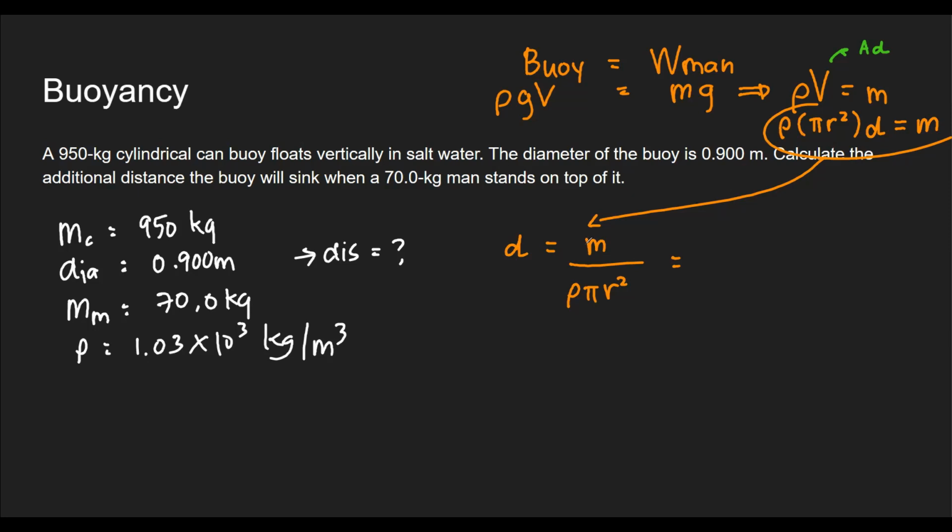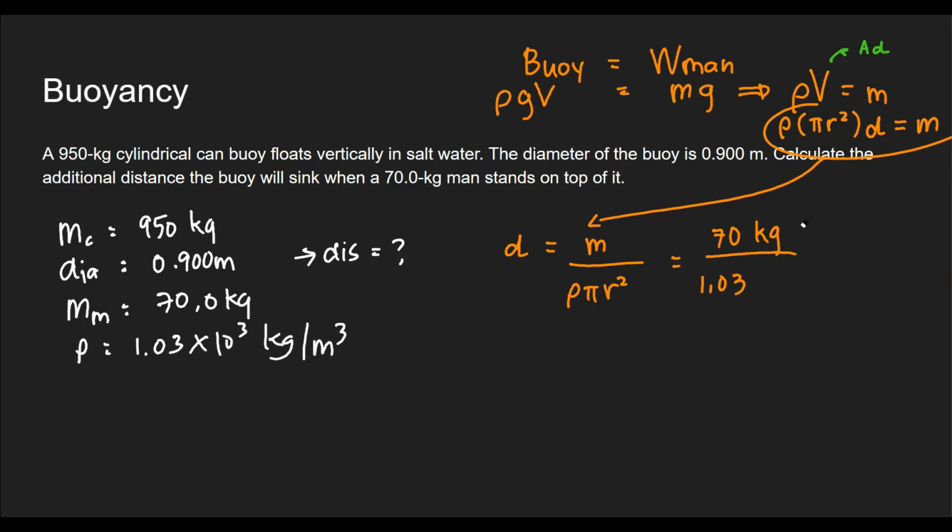Substituting, my m is just 70 kg. My rho is 1.03 times 10 cubed.